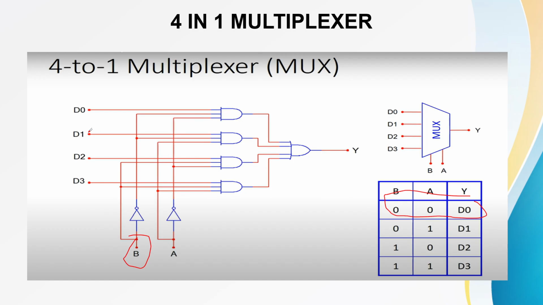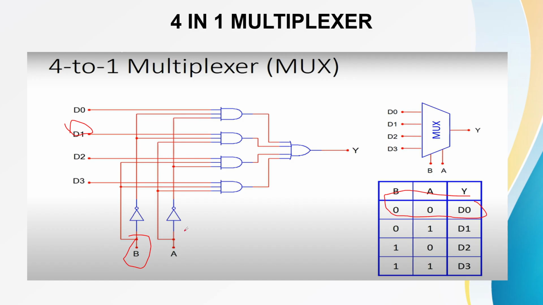Let's go to device 1. Device 1 has a different setup. For device 1, we could see that A is connected directly to the AND gate for device 1, but B is connected via the NOT gate to the AND gate for device 1.